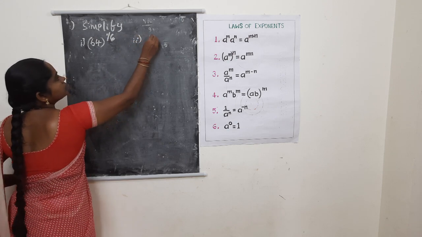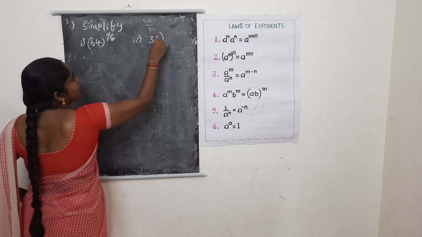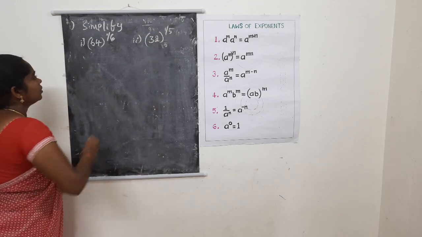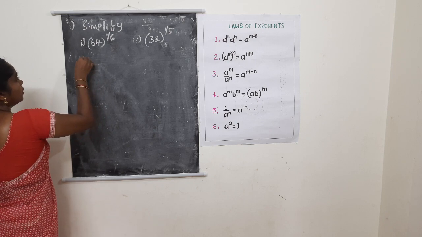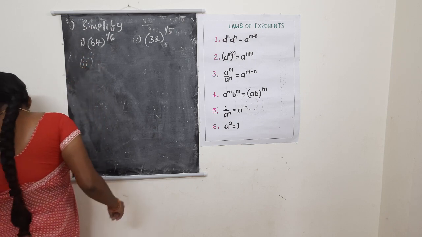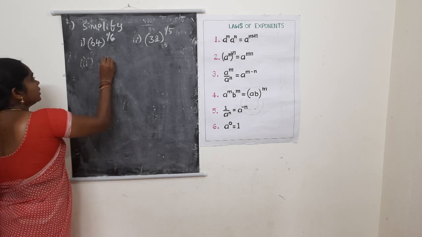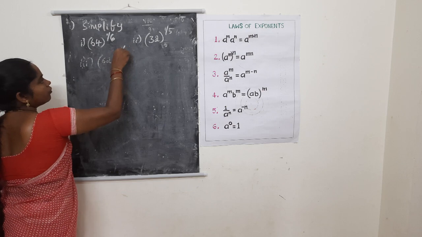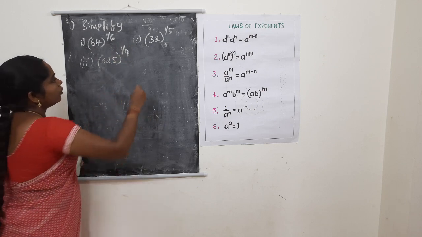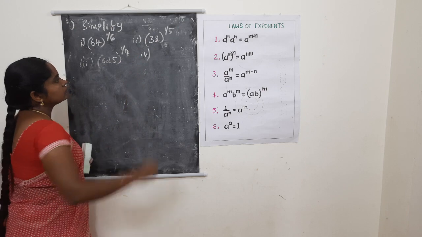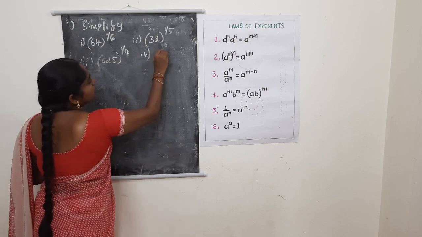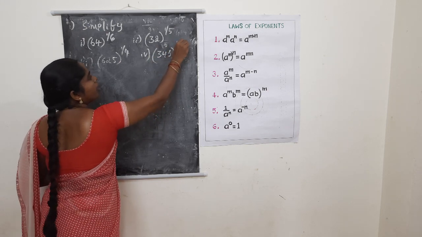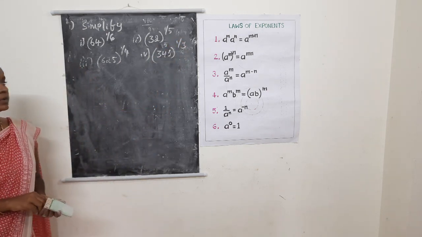Second problem, 32 whole to the power of 1 by 5. Third problem, 625 whole to the power of 1 by 4. And fourth problem, 343 whole to the power of 1 by 3.